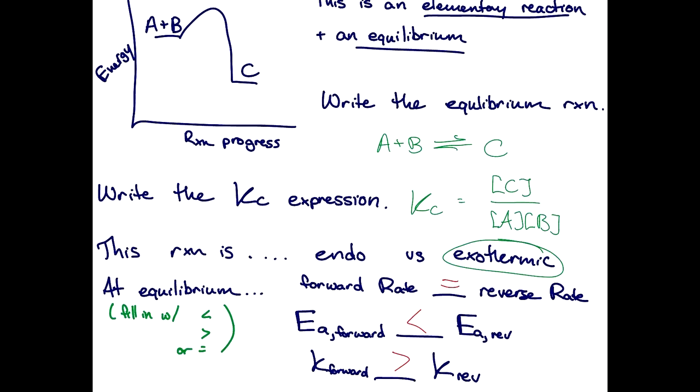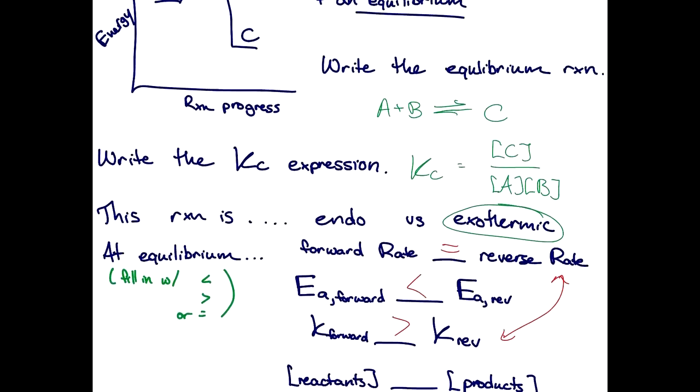But at equilibrium, the overall rate of the forward is equal to the reverse. These two questions are different, so be very cognizant of that. If we're at equilibrium, the rate constants can be different, that's fine. But what can't be different is the overall rates. They are equal to one another.